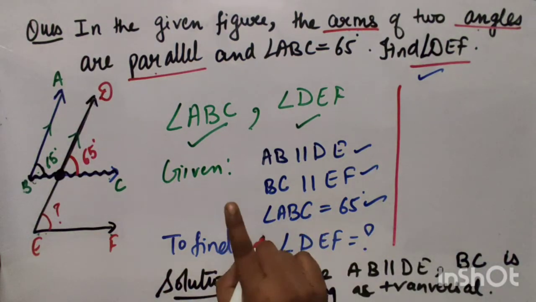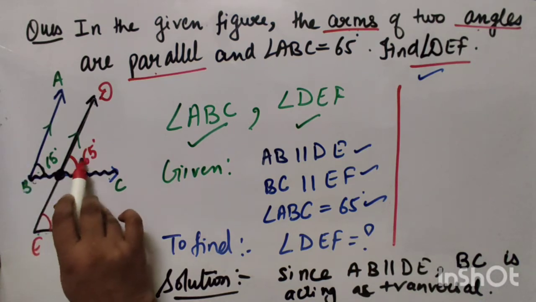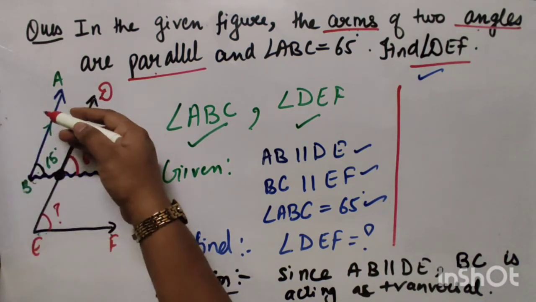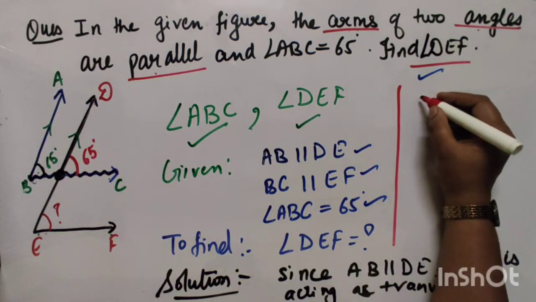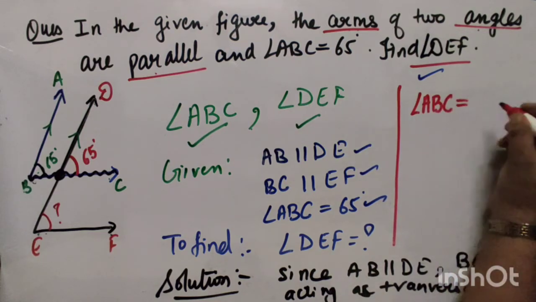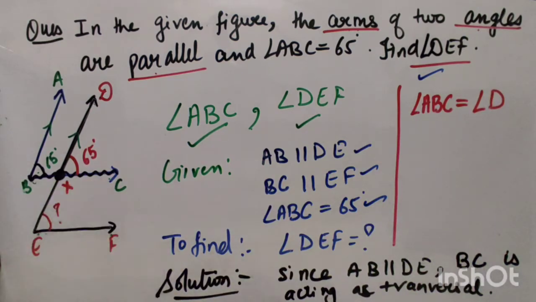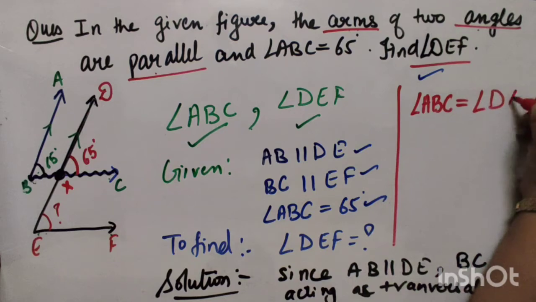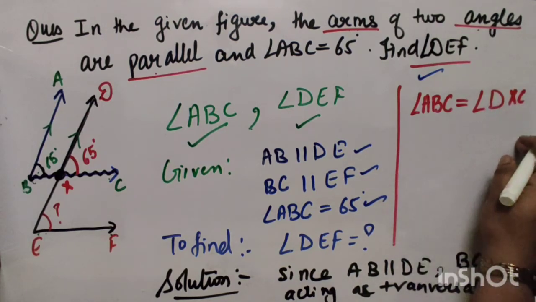As we have done in our previous video, when one angle is in, the other is out at the same side of the transversal, by the concept of corresponding angles. So angle ABC is equal to angle DXC. As there is no name, we can give it any name, like X. These both angles are equal.